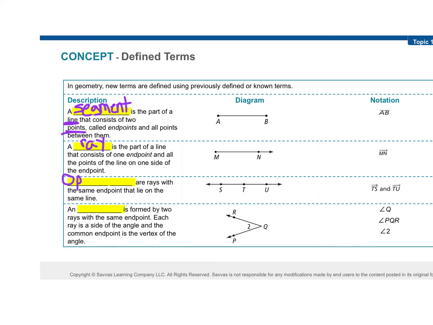Opposite rays are rays with the same endpoint, see right here, same endpoint, that lie on the same line. So you have a ray going this way and a ray going that way. And they make a line together, don't they?